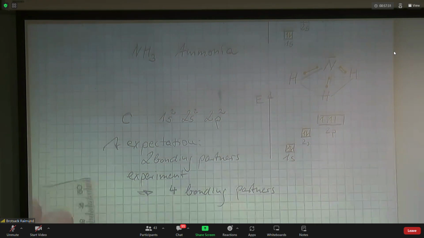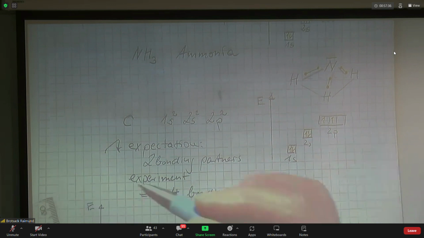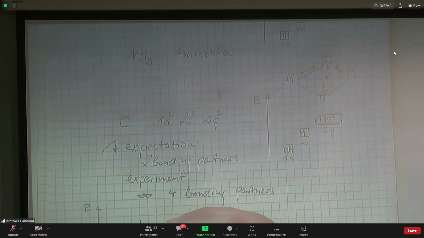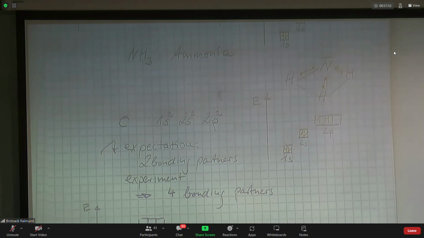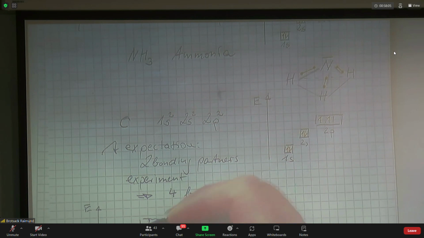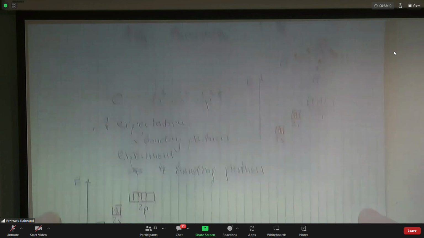So again, draw our energetic diagram of the orbitals. We have the 1s, the 2s, and the 2p. The starting point is, as we already did, we place those 6 electrons in the outer shell.